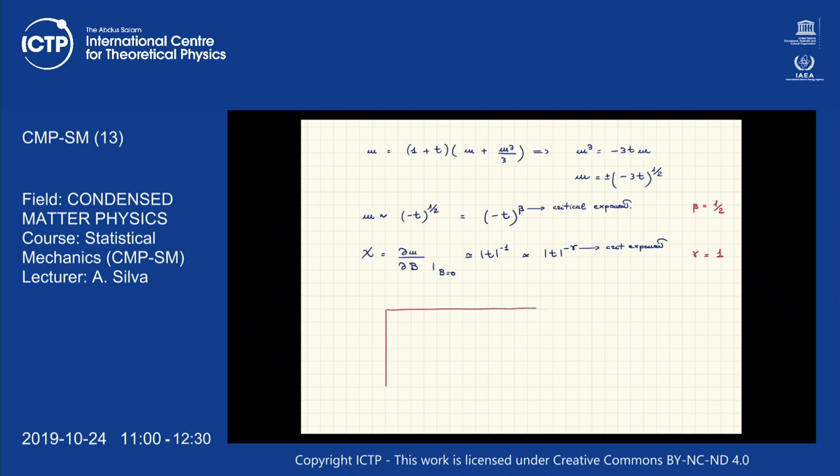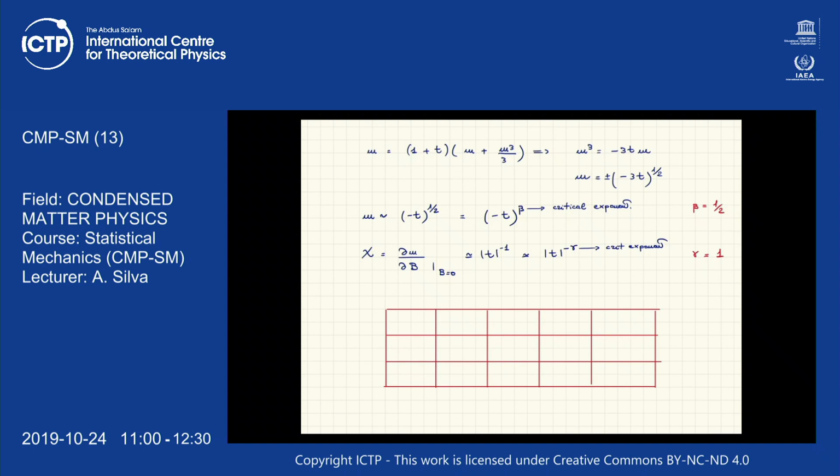So let us make a table, and let us write up the various dimensionalities. So this is the dimension, let's say 2, 3, 4, 5. This is beta and this is gamma.